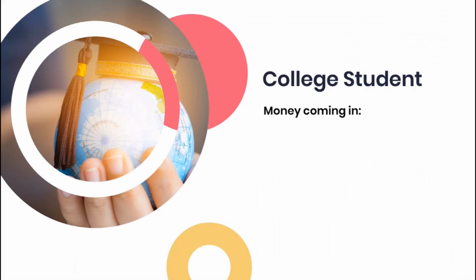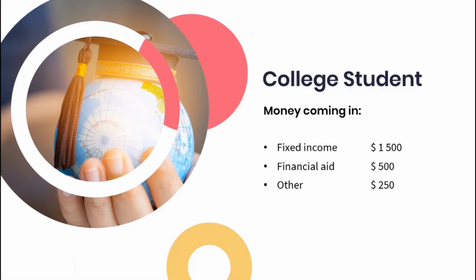Let's start with the money coming in. Earning an income is key to being able to cover expenses. In this example, income is made up of a fixed monthly income of $1,500, financial aid of $500, and some other odds and ends of $250, perhaps from part-time work or an allowance from very generous parents.